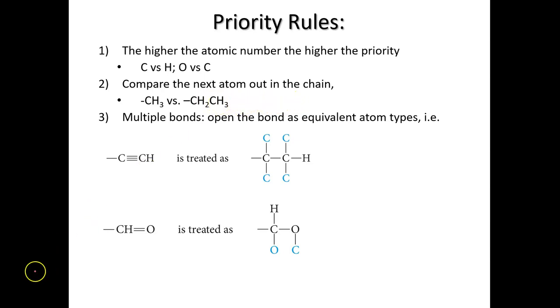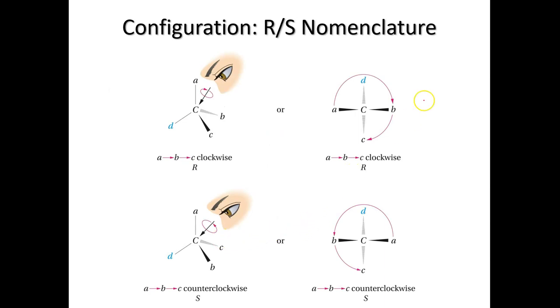If we get long chains, you just have to keep going down the chain until something is different. One thing I should point out about these diagrams is that the flat, straight lines are meant to be thought of as drawn in the plane of the screen. The dashed lines are going back into the screen, and the wedge is coming out at you out of the screen.